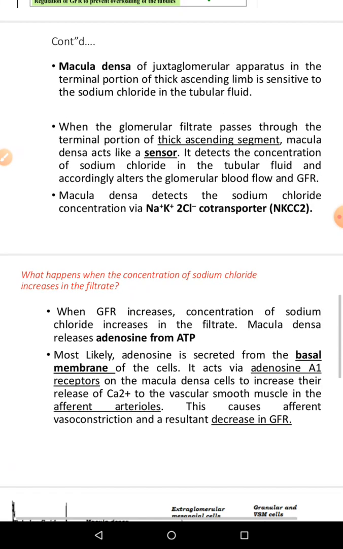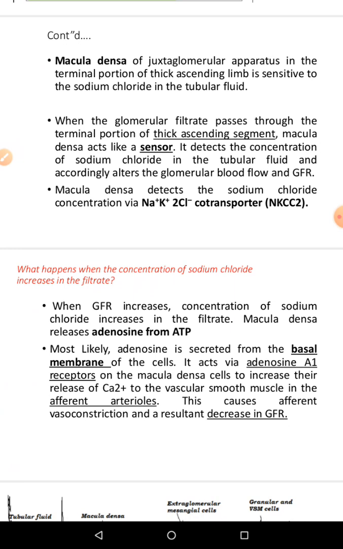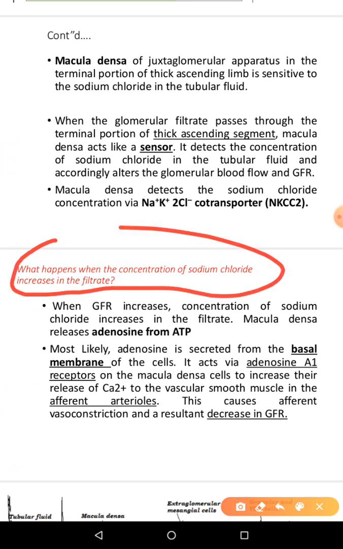So there's this question. Now that we've looked at the two mechanisms involved in regulation of blood flow to the kidneys, what happens when the concentration of sodium in the filtrate increases? When GFR increases, the concentration of sodium chloride increases in the filtrate, and the macula densa will release adenosine from ATP.